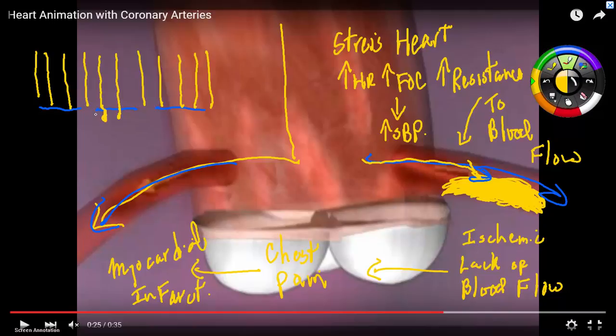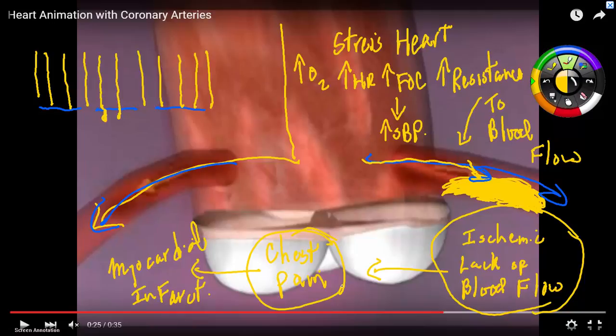They give someone a stress test to increase the amount of oxygen the heart is demanding. And what they want to see is, can the coronary arteries supply it? So if you can't supply enough oxygenated blood to the heart muscle, then that heart muscle will become ischemic and you will get chest pain.